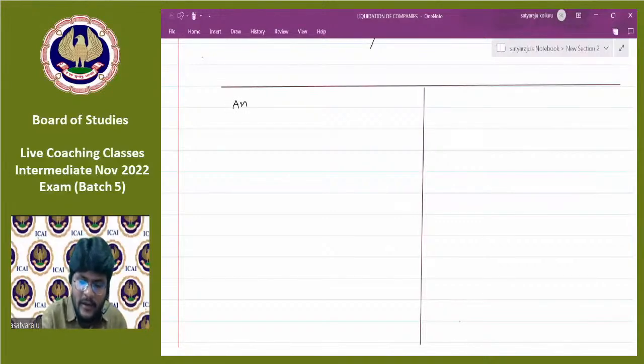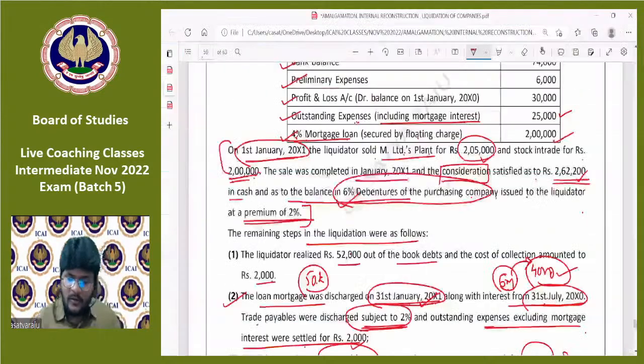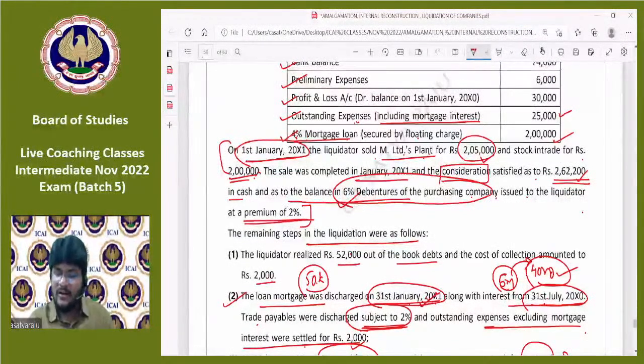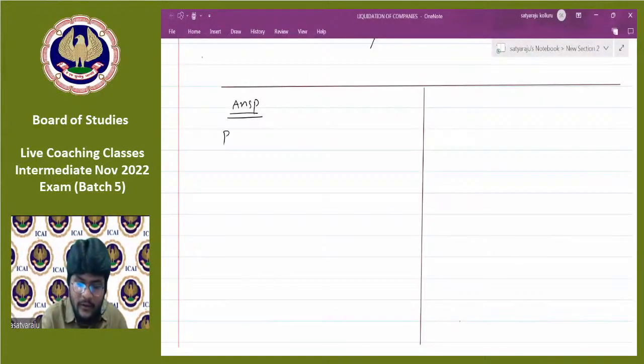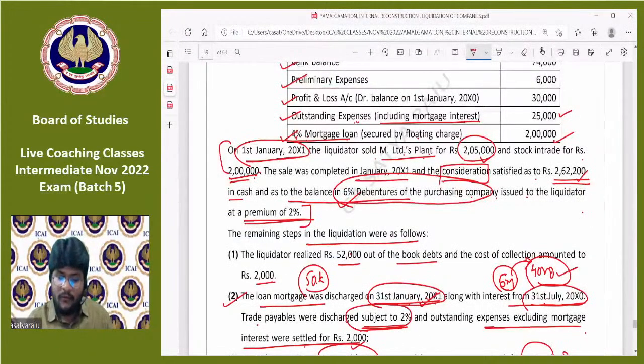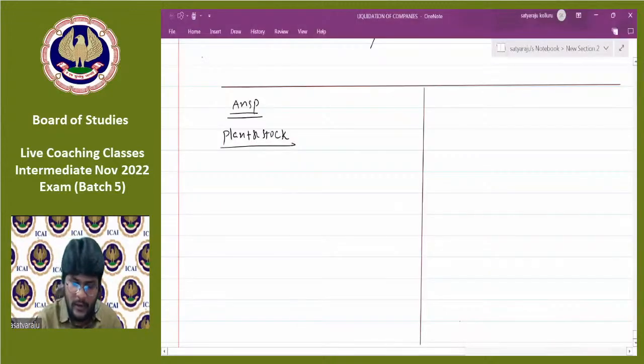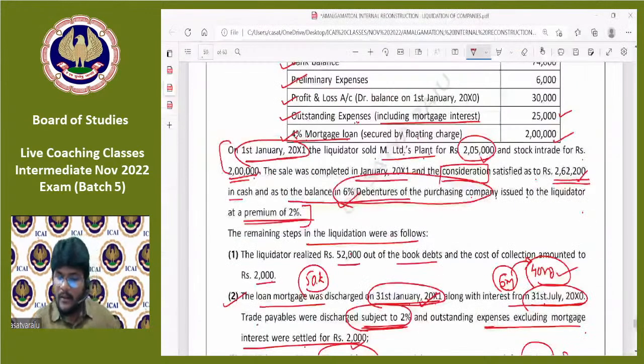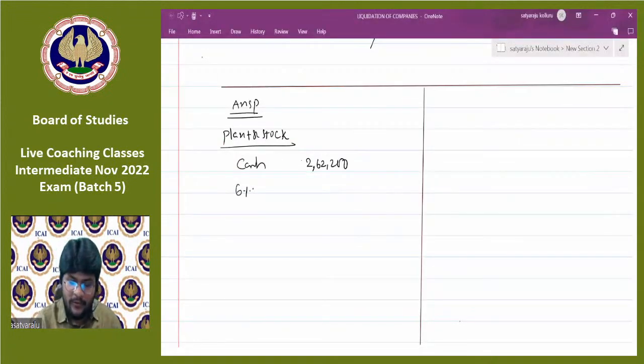If I start with assets not specifically pledged, I realized from plant as well as stock combinedly, through realization of plant and stock, cash of 2,62,200, and in the form of 6% debentures of the purchasing company, a total of 1,400 debentures.